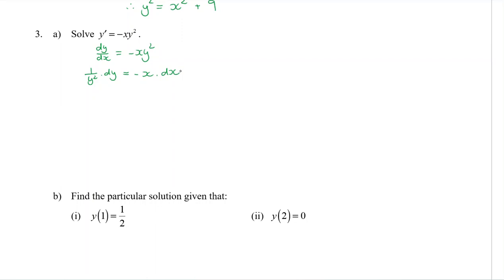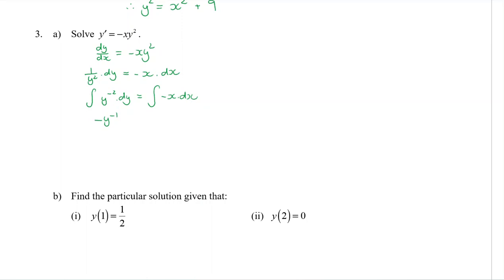Okay, integrate both sides. Instead of having 1 over y squared, what would be a better way to write that? Yes. Okay, integrating time. Integrating the y to the negative 2, we add 1 to the power, divide by the power, so it'd be negative 1 on the bottom, or just negative out the front.